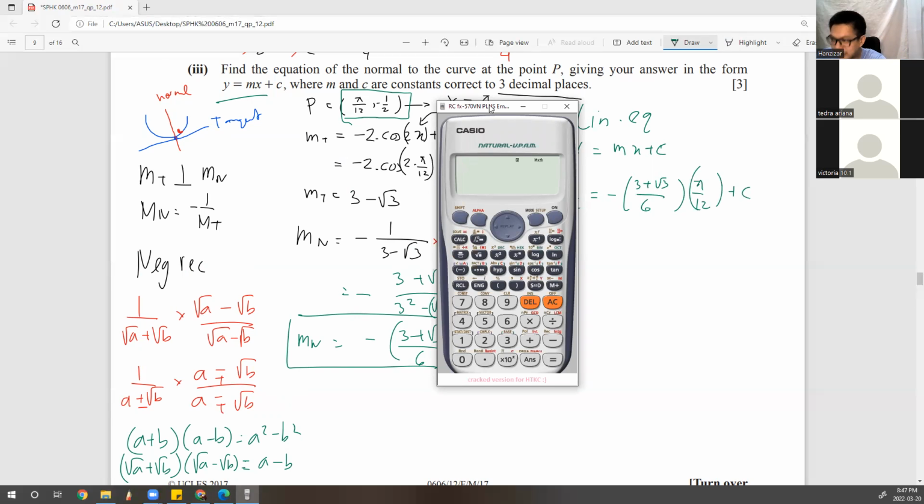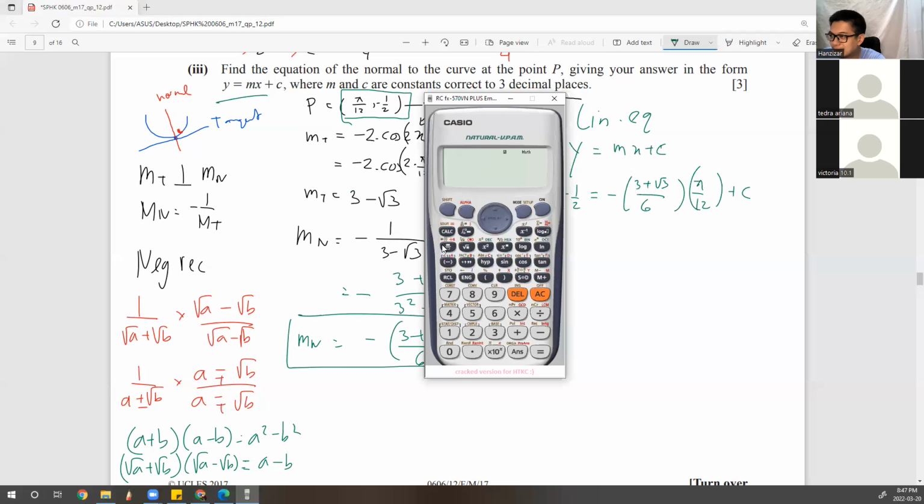We already know how to rationalize, so we just put in the bracket, negative fraction over 6, multiplied by pi over 12. That gives negative 0.206.